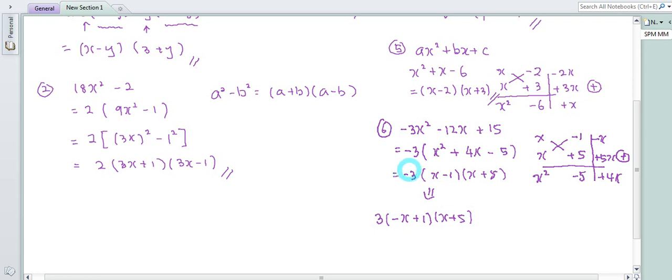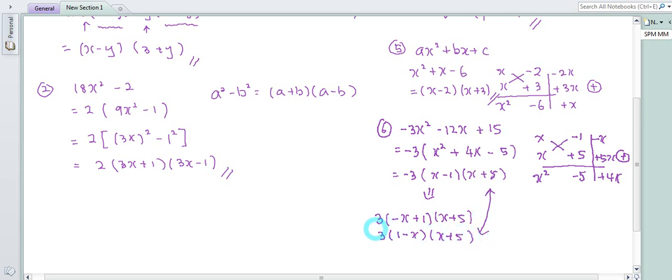Remember, the negative you can only bring in one bracket, either this one or this one. So it's actually equal to, normally we don't like to have a negative in front here. We just change it, become 1 minus x plus 5. So these two are actually equivalent.